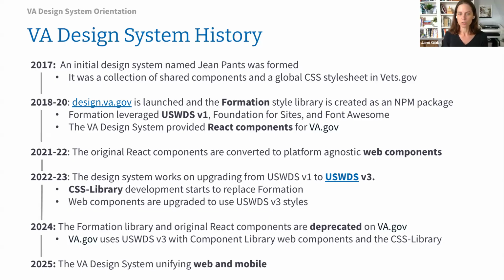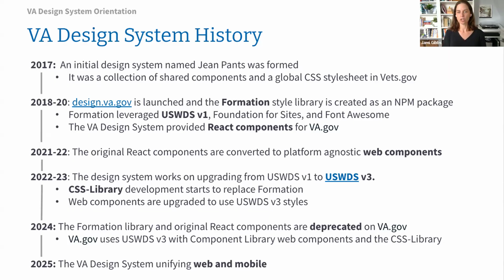And by the time 22, 23 came around, the design system also started working on making an upgrade from that original USWDS v1, which had been deprecated at that point, to USWDS version 3. And a new styling package called CSS library is developed, and that would eventually replace Formation. So along the way here, web components were also being upgraded to use those USWDS v3 styles.